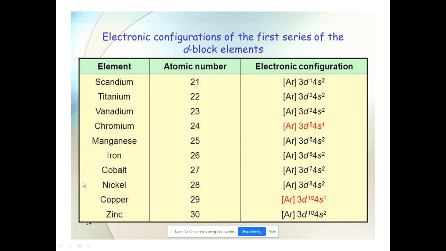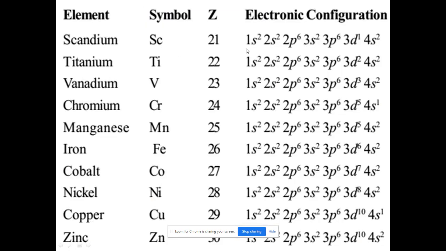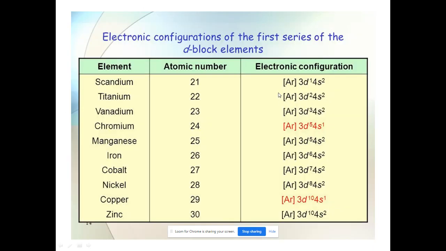Instead of writing all of this, we can write the inert gas configuration in a simpler way, as argon 3d1, 4s2. Let's look at nickel, atomic number 28: argon 3d8, 4s2.